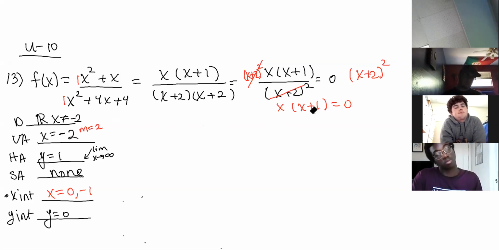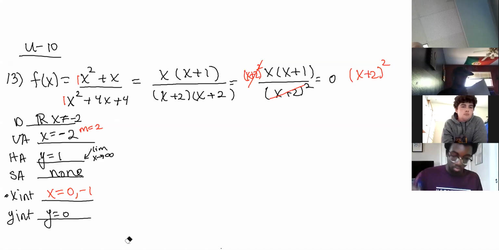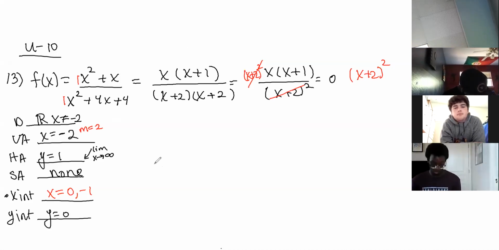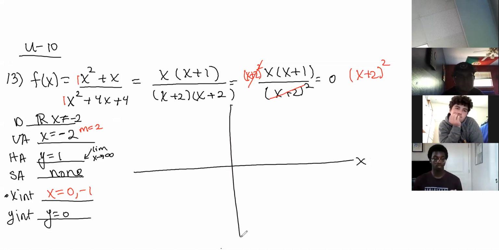Any questions before I graph? No, we're good? Okay. All right, so room for the graph. We're going to make our x-intercept, our y-intercept.